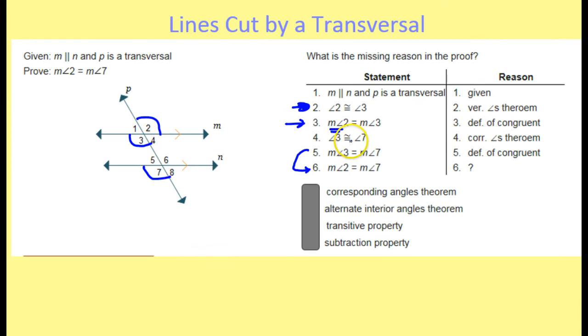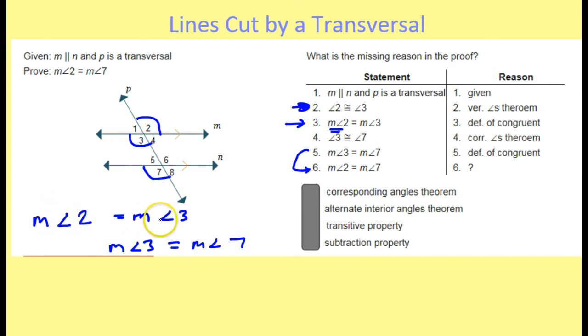And then we arrived at the measure of angle 3 is equal to the measure of angle 7. So now what's the connection? Well, if the measure of angle 2 is equal to the measure of angle 3, and the measure of angle 3 is equal to the measure of angle 7, do you see the chain that's happening here?